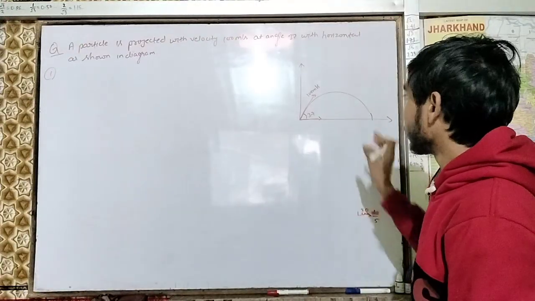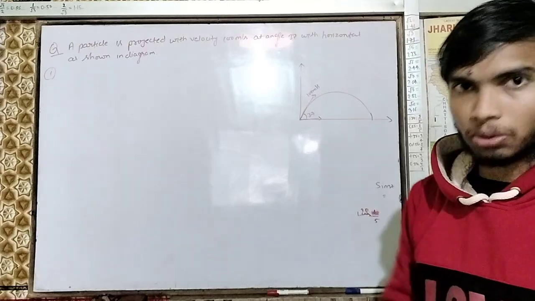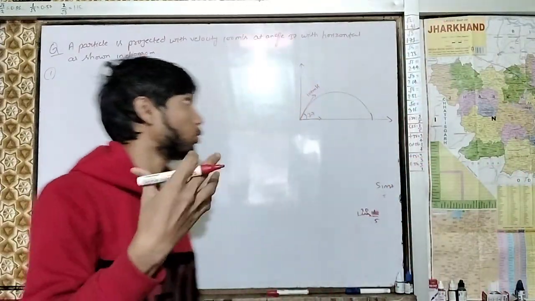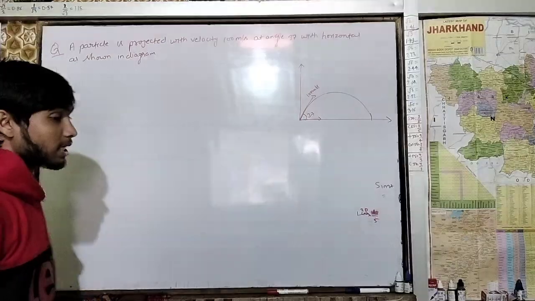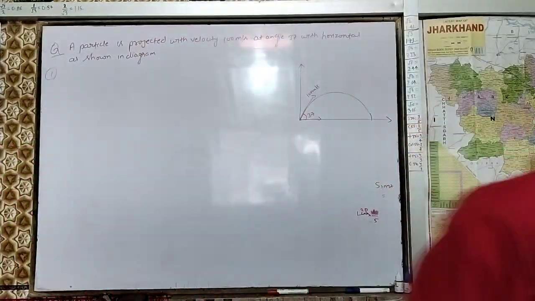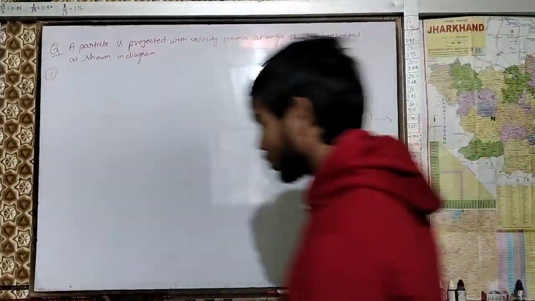As shown in the diagram, this diagram will be given by the question. You don't need to worry. The first question is asking: what is the initial velocity?